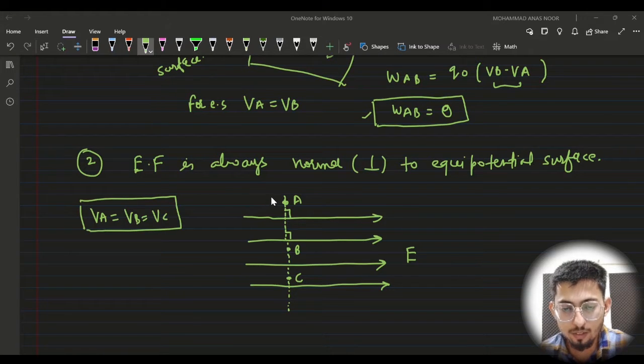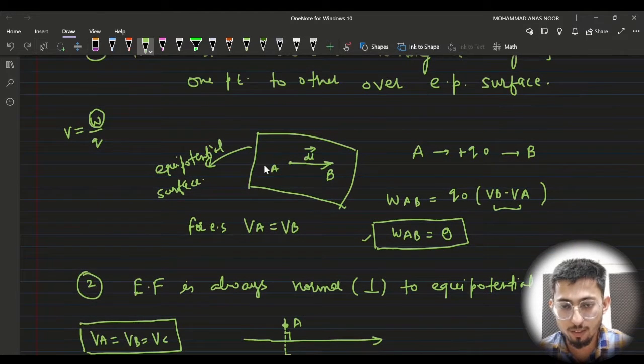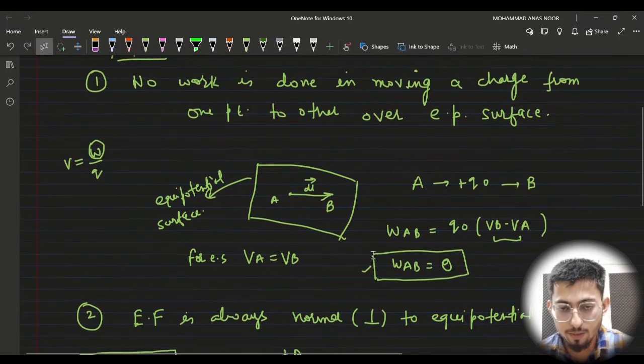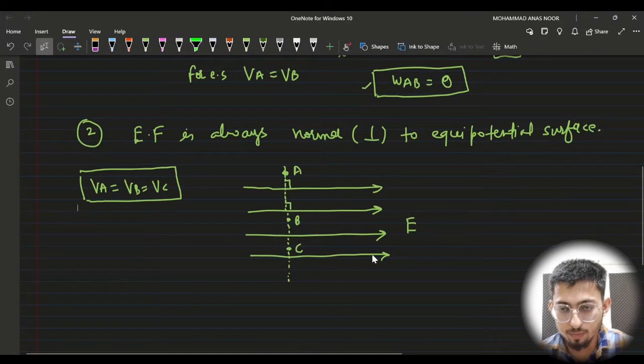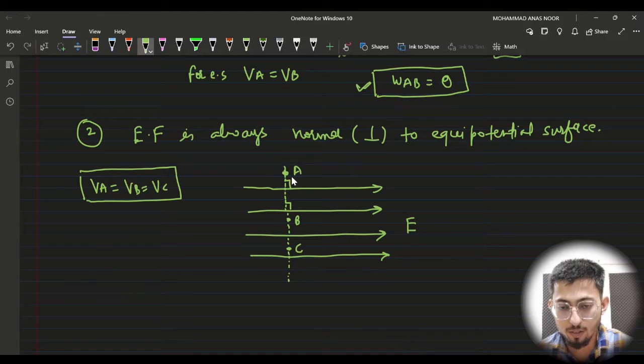And so to move a test charge, work would have to be done. I mean, the first thing would be violated: work would have to be done in moving a charge from one point to another. Electric field is not perpendicular to the equipotential surface because there will be some component of electric field in this direction, isn't it?